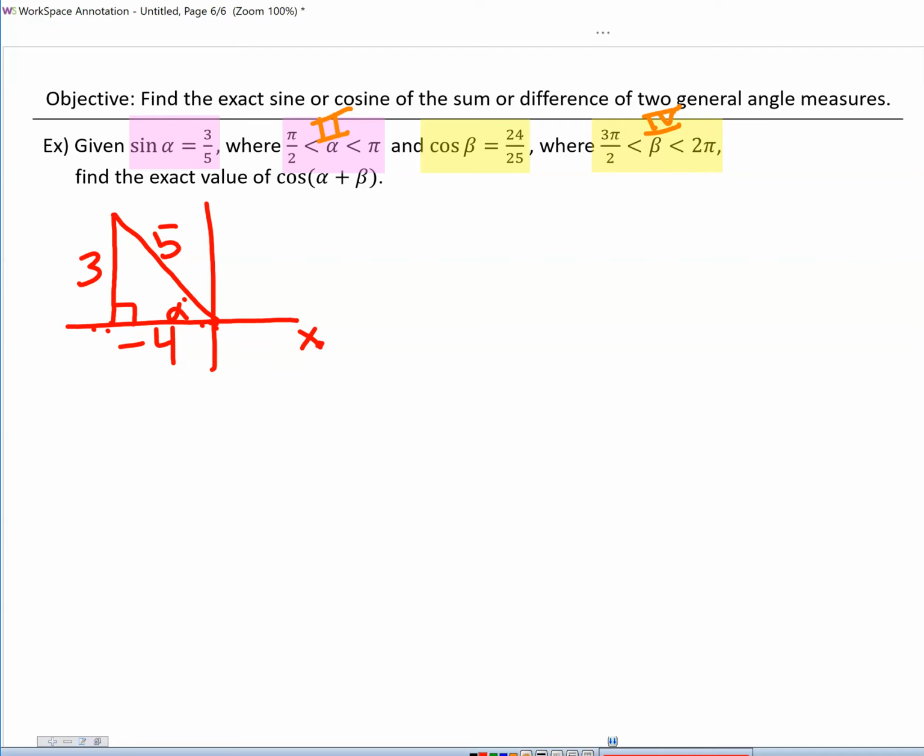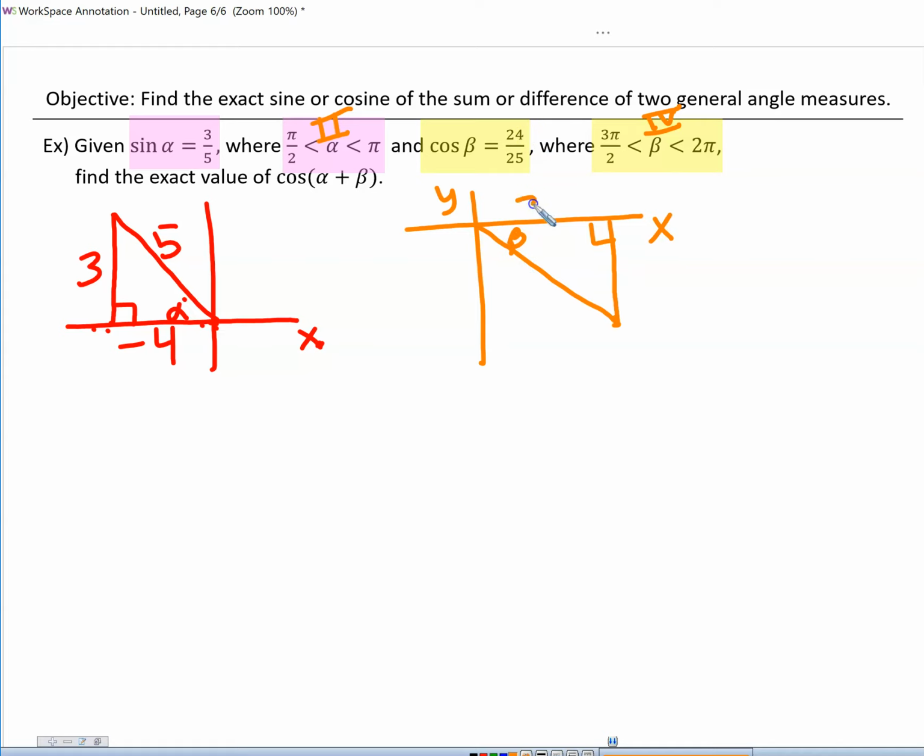Then looking at angle beta. So angle beta is in the fourth quadrant. So here, that's my x, that's my y. Here's my hypotenuse. Drop my vertical side to the x-axis like so. So this is beta prime. And I know cosine is 24/25.